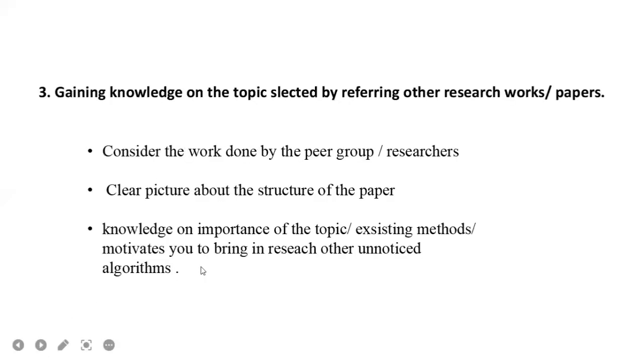The very third thing is that you need to gain knowledge on the selected area by considering the research works or research papers which have been brought out by your peers or by other professors or researchers. Gaining knowledge doesn't only mean theoretical knowledge or the hands-on part. You need to simultaneously gain knowledge from the research works brought out on the same topic by other people.